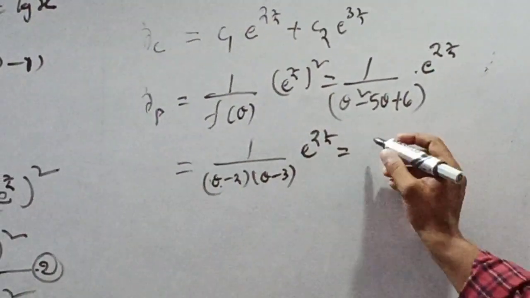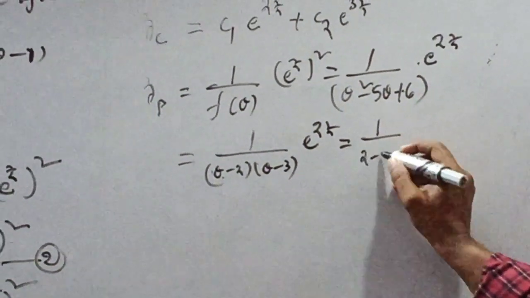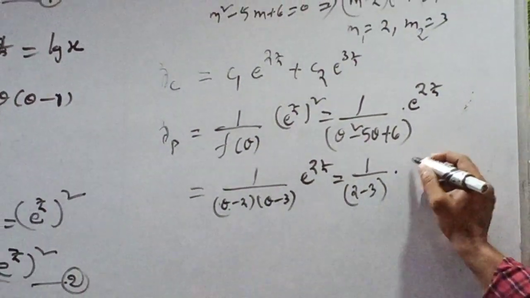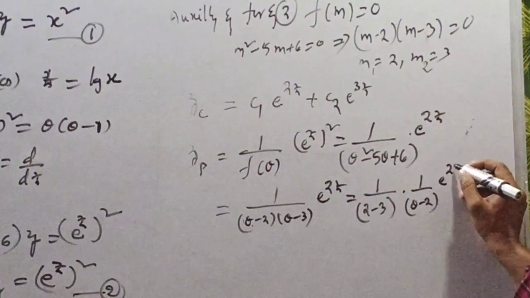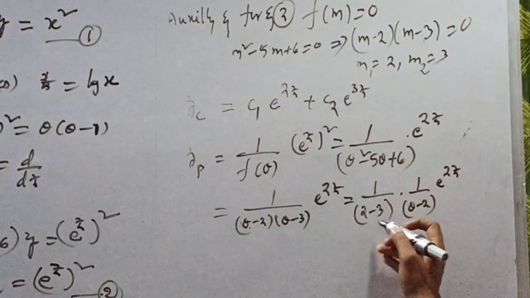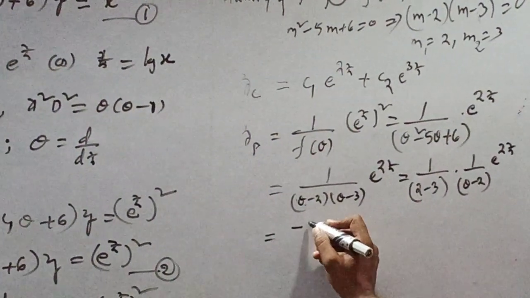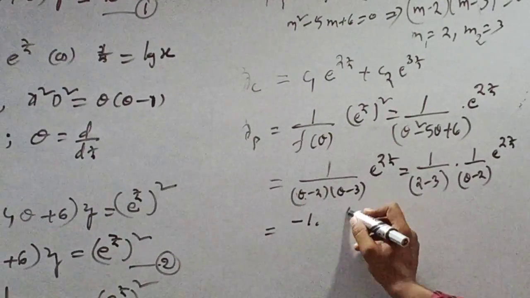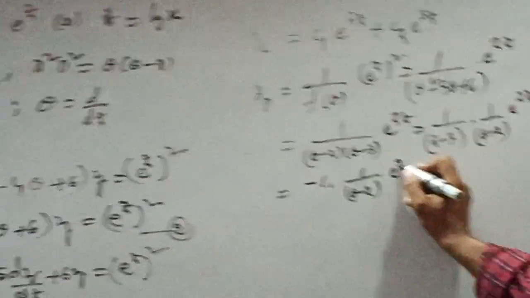So substitute 1 by 2 minus 3 first, and then 1 by theta minus 2 into e to the power of 2z. 2 minus 3 means minus 1. So it is minus 1 into 1 by theta minus 2 into e to the power of 2z.